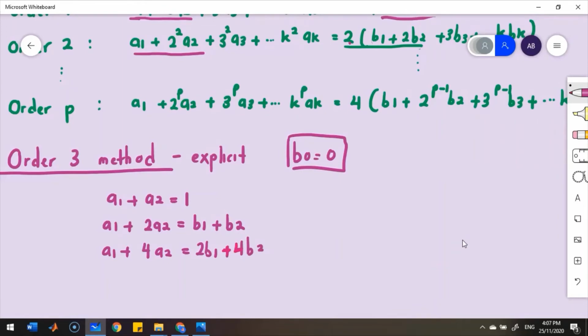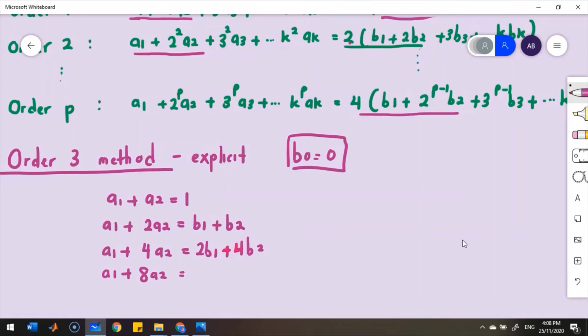Then I can also have, because it's up to order 3, a1 plus 8a2, 2 to the power of 3 is 8. And this one equals 3 minus 1, which is 2 to the power of 2, 4 times 4.